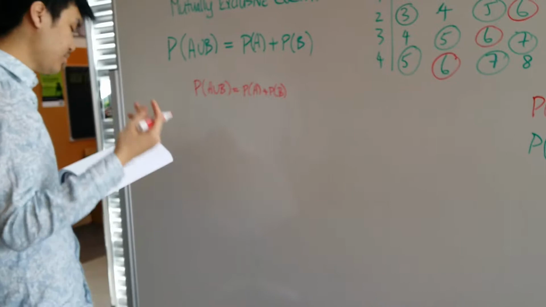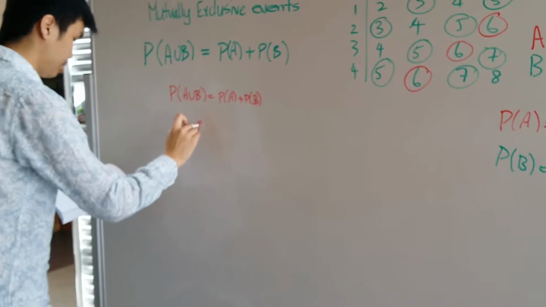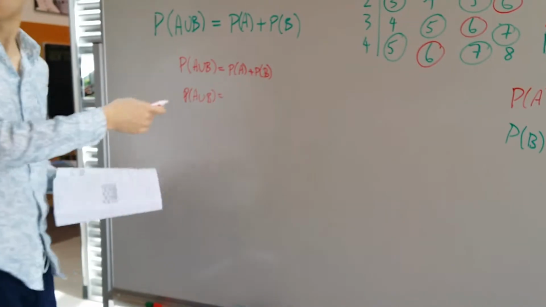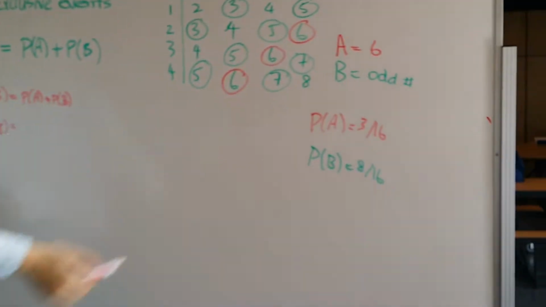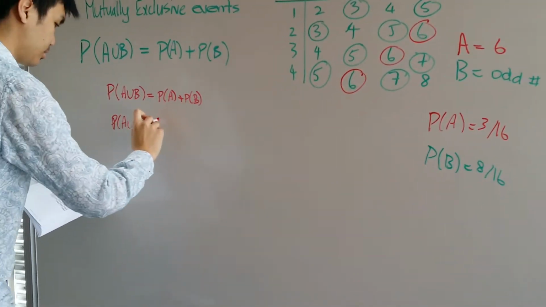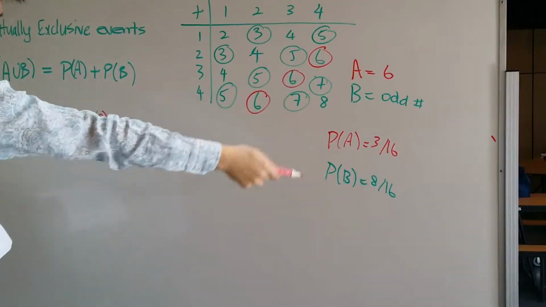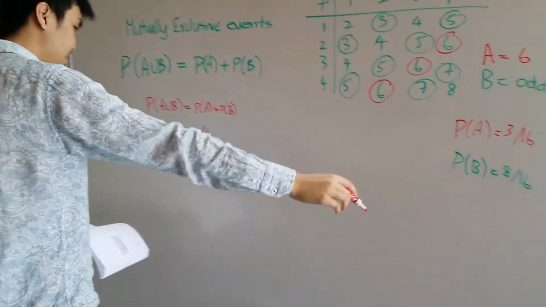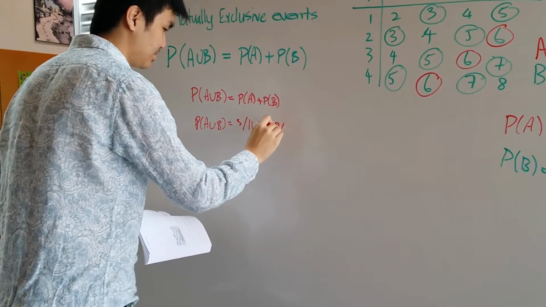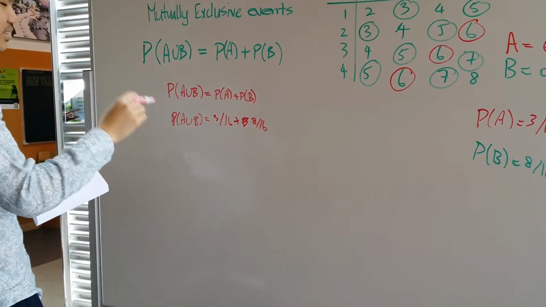Second, the probability of A or B equals the probability of A plus the probability of B. Probability A is 3/16, so we substitute 3/16 for probability A. The probability of B is 8/16, so we use 8/16 to substitute for the probability of B. What's 3/16 plus 8/16?